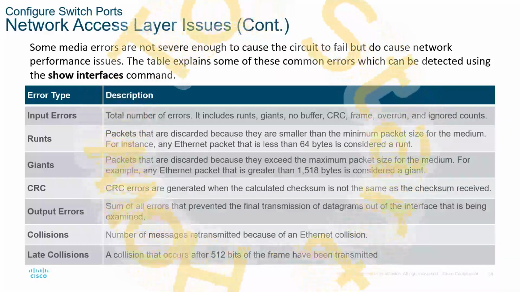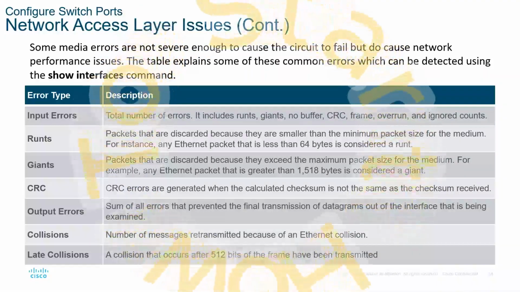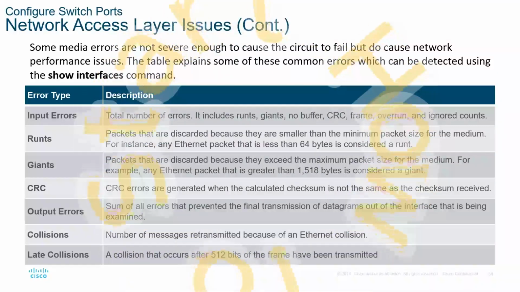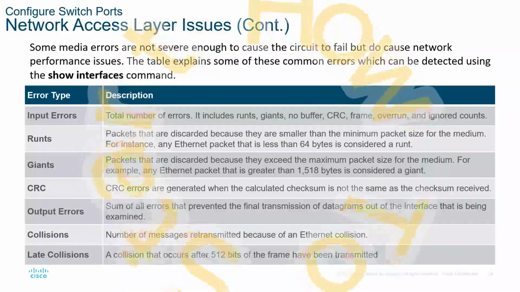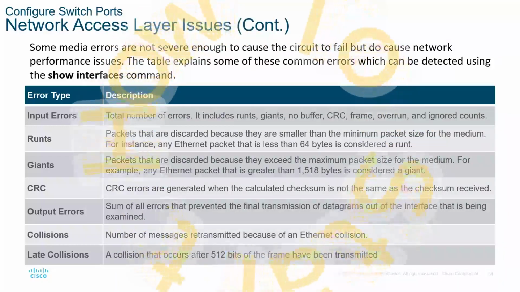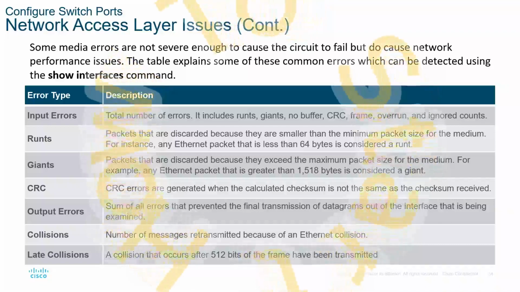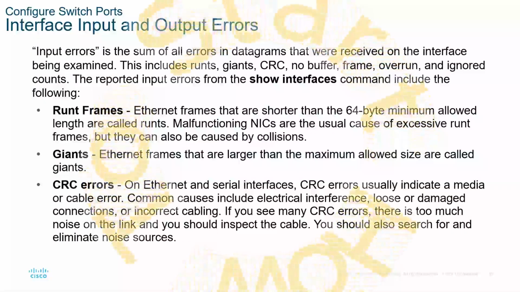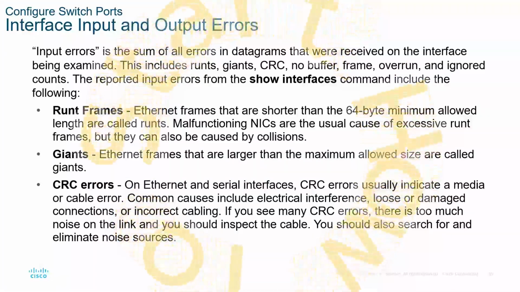Realistically, this is good stuff to know, and if you're troubleshooting, these are good things to know for layer 1 and layer 2, but these are things that you normally will not memorize. You need to be able to look them up where they're at. Moving on, we have our runt frames, which we've already talked about.